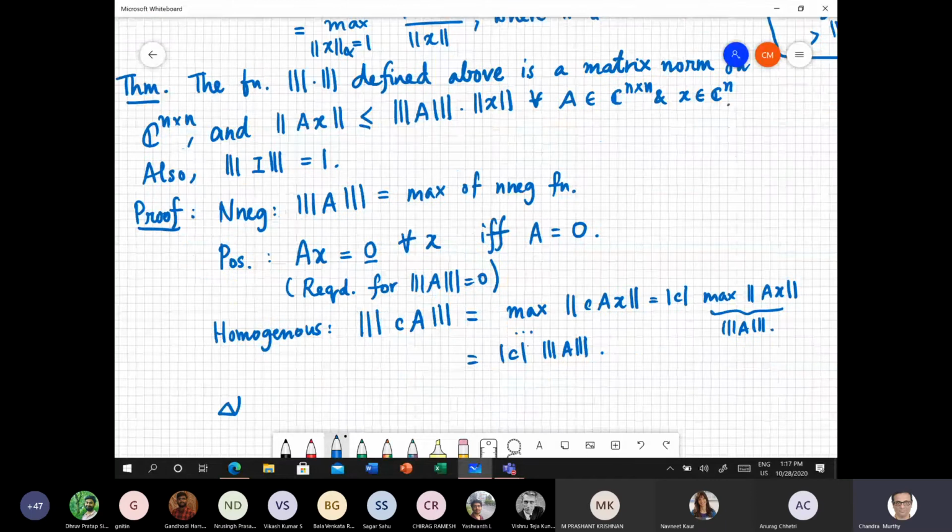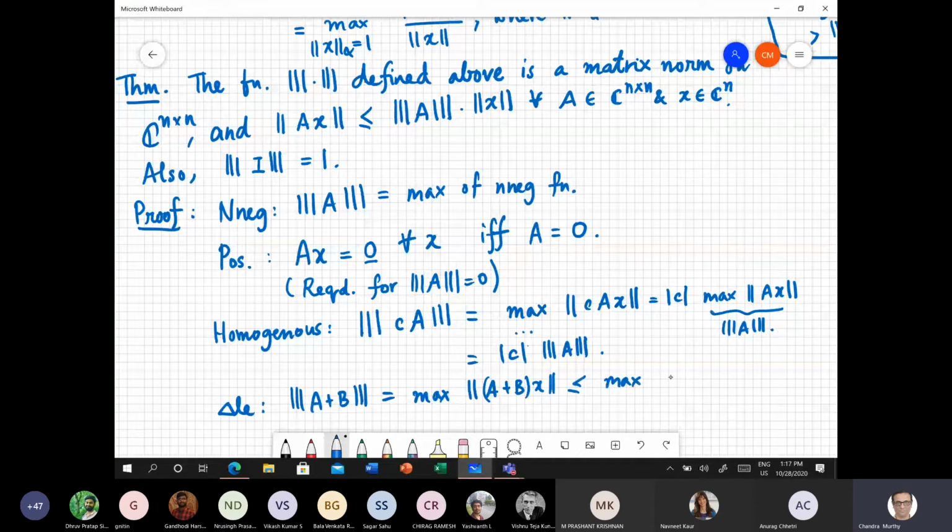Then the triangle inequality. If I take the norm of A plus B, this is equal to the max of the norm of A plus B times x, which is the norm of Ax plus Bx. And if I use the triangle inequality, this is less than or equal to the max of norm Ax plus norm Bx.